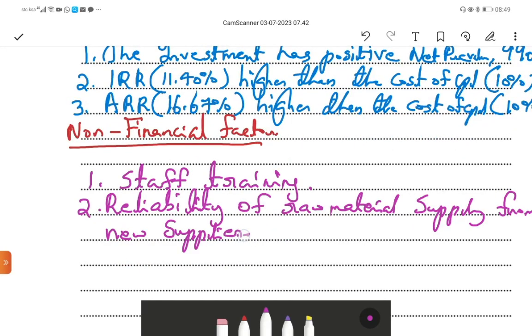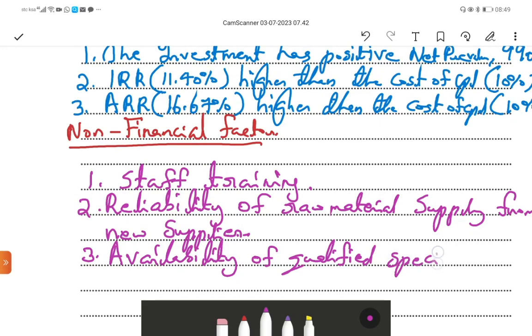Next, the third one. What is the third one? Availability of the expert engineer. So availability of a qualified and specialized engineer.